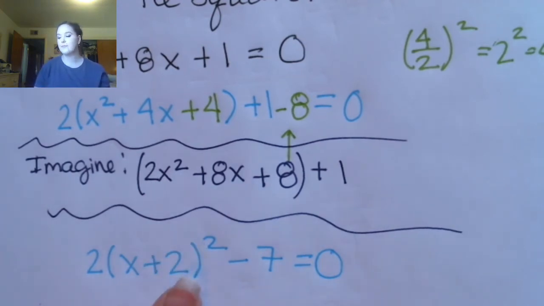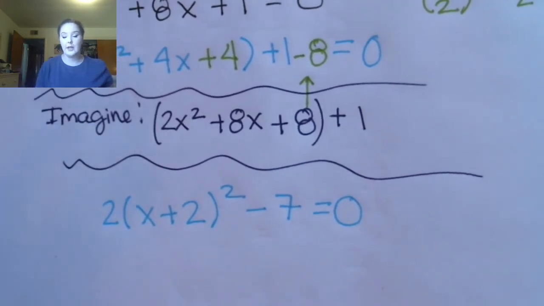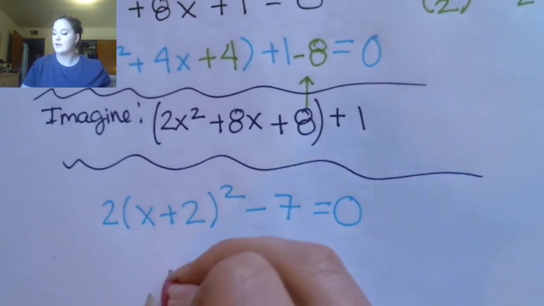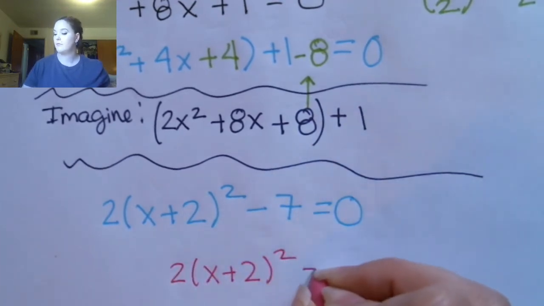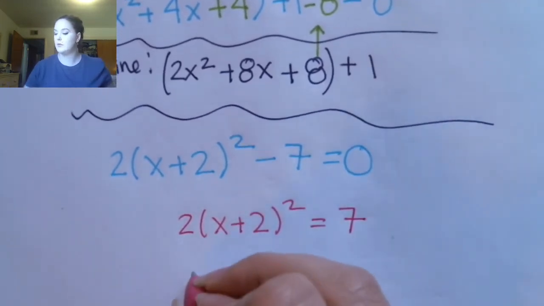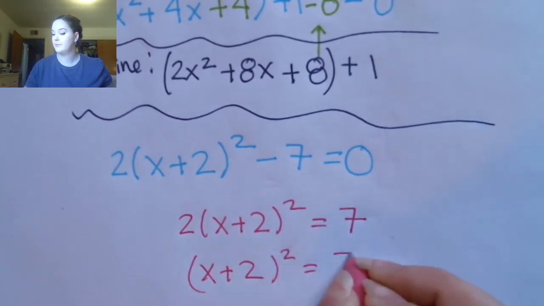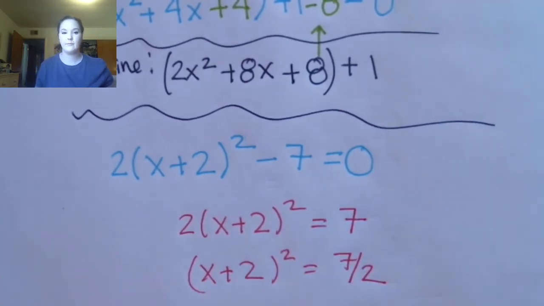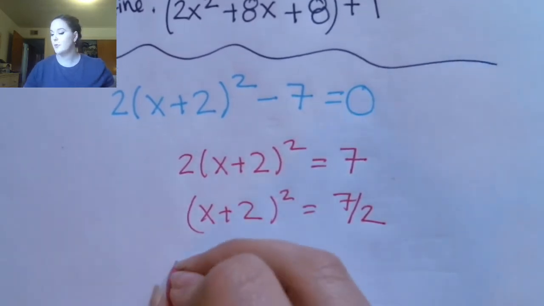All right. So let's finish this up by extraction of roots. So I'm going to add 7 to both sides, and then I'm going to divide both sides by 2. Now I'm going to square root both sides.